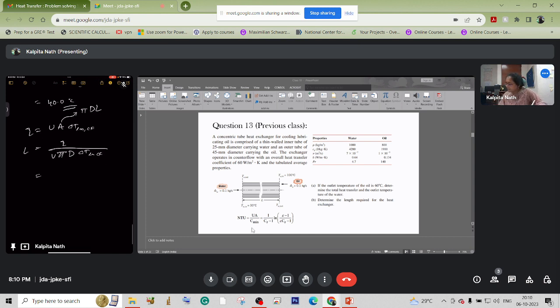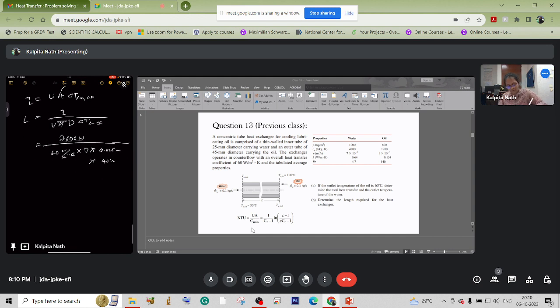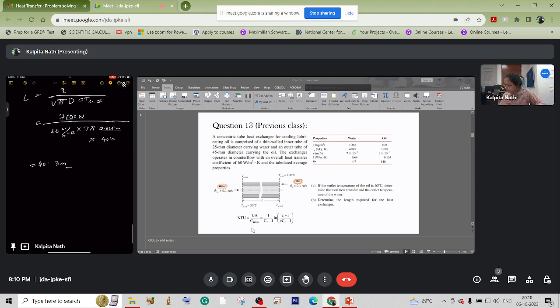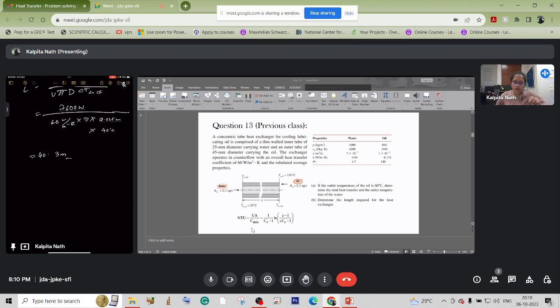So this is 7600 watt. Overall heat transfer coefficient is 60 watt per meter square Kelvin into pi into 0.025 meter and 40 degrees Celsius. So this is 40.3 meter.